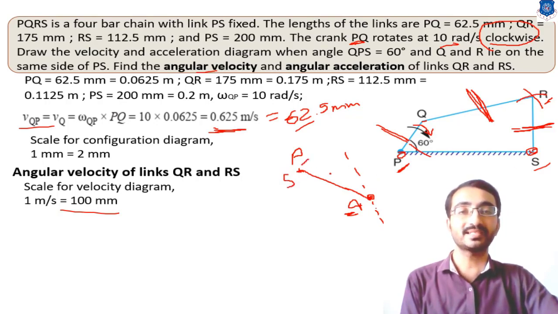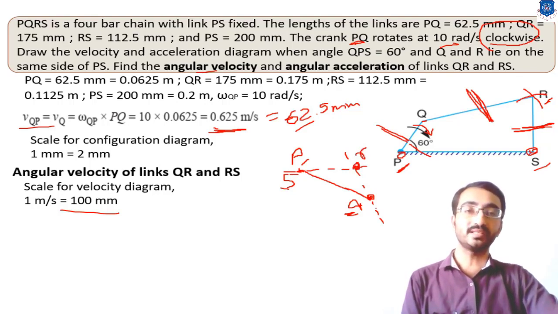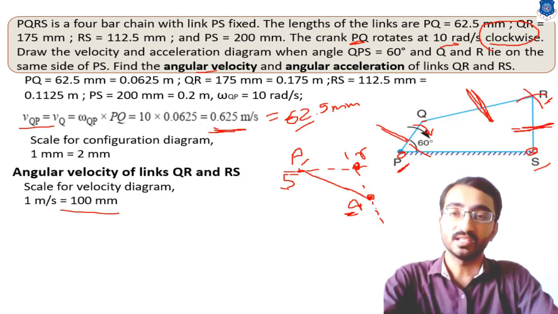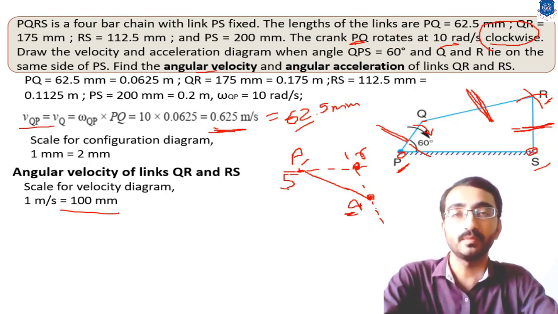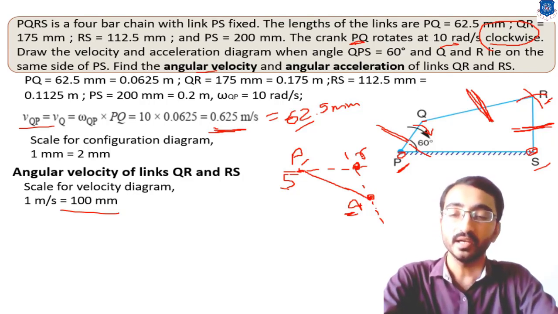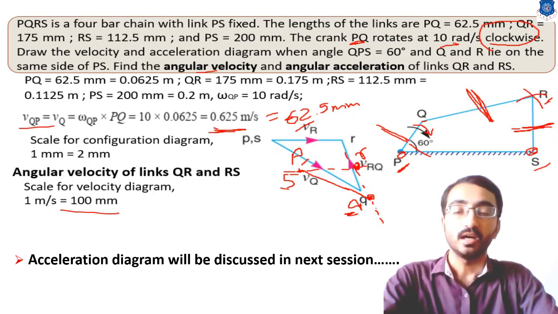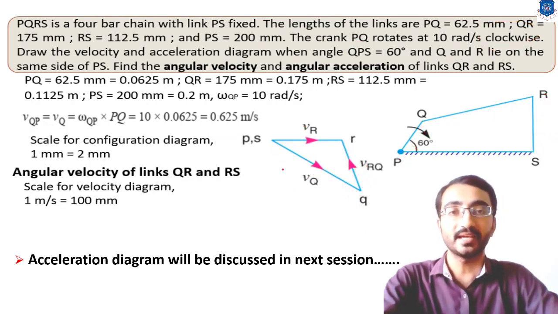We can start with point S in horizontal direction. Sketching in the horizontal direction, this intersection point will give you point R. In this way we can draw the velocity diagram for this mechanism, and this method we have already learned in our previous sessions. So by using this fundamental you can sketch the velocity diagram for this mechanism.